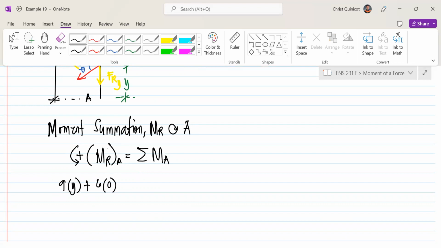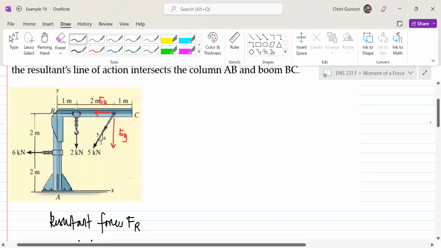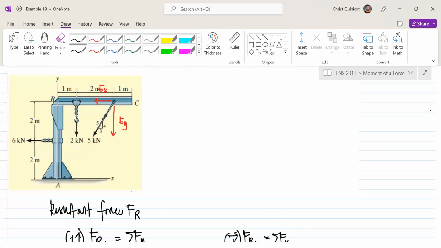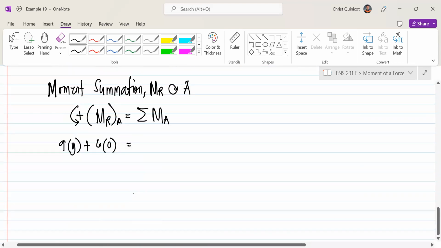This is our resultant. The x and y components of our resultant are equal to, then we go back here, 6 kilonewton counterclockwise, 2 kilonewton clockwise, 5 sub x counterclockwise, and 5 sub y clockwise. So we start with our counterclockwise, so that is 6 times 2.